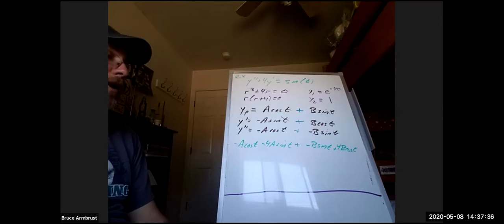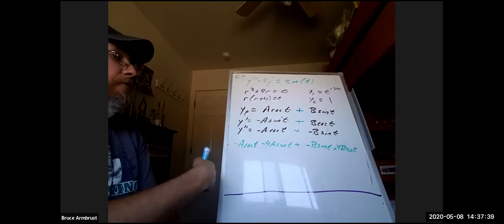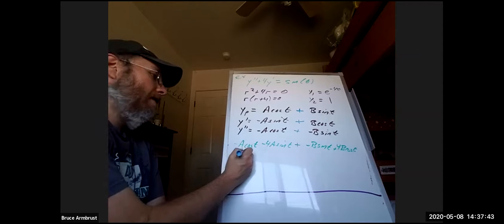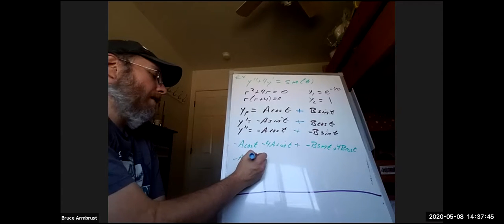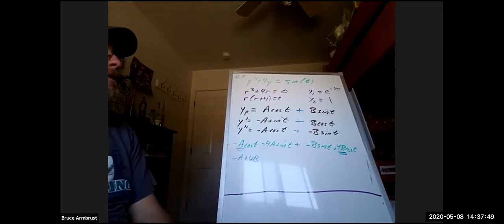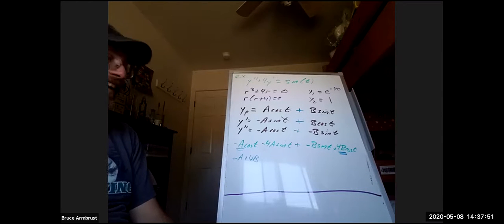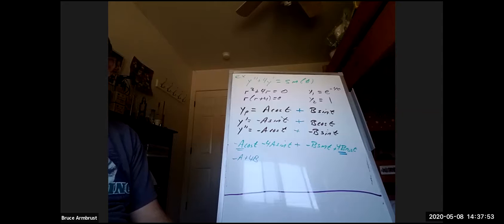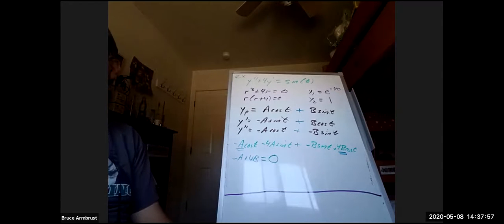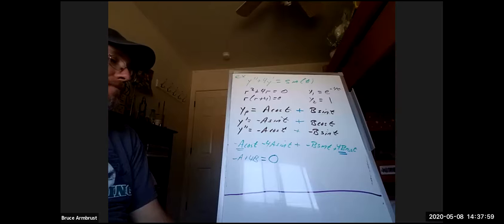So now what we're going to have is a system. If we look at, say, the cosines, I've got minus a plus 4b. That came from the cosines. And what I know in the end is I need 0 cosines. So those are going to have to add up to 0.